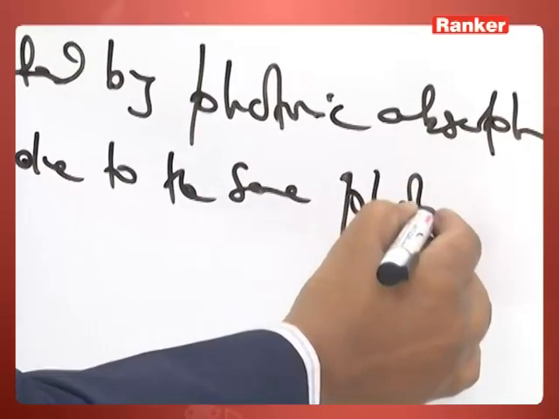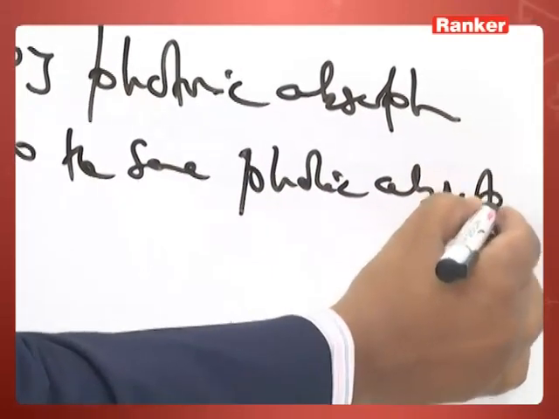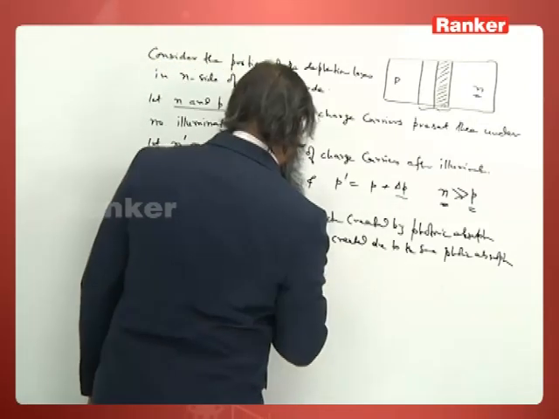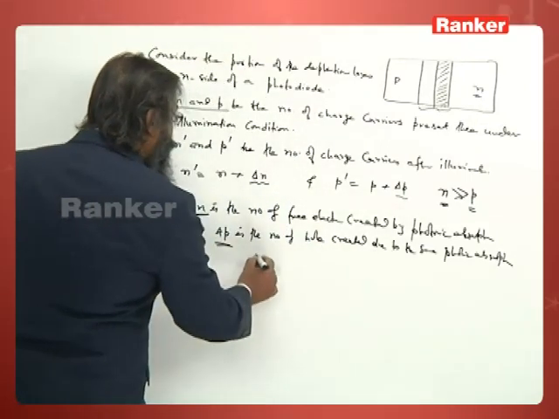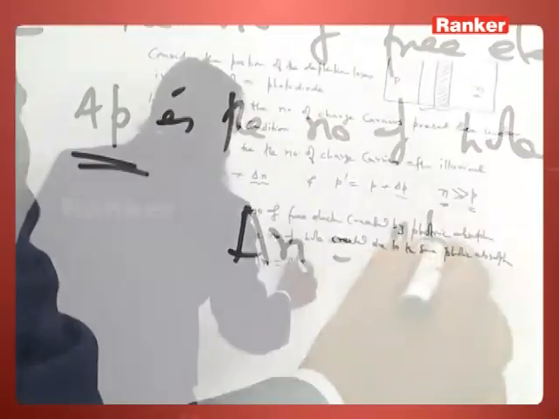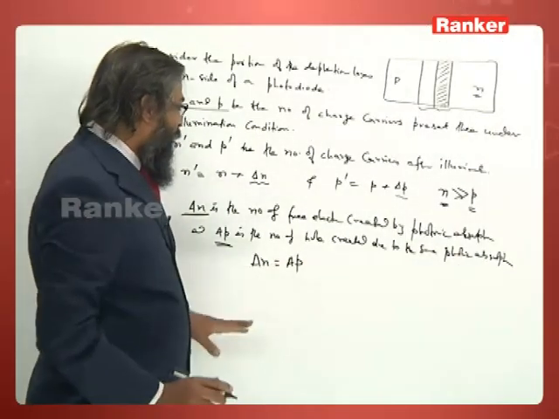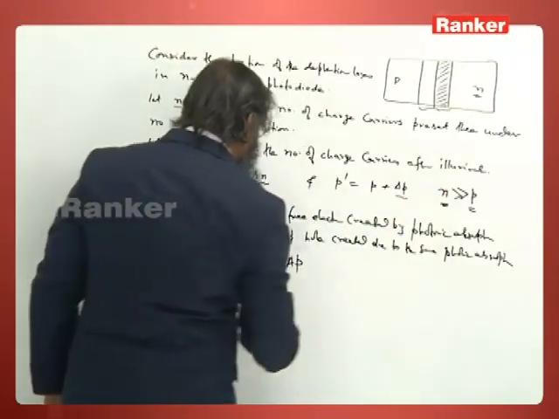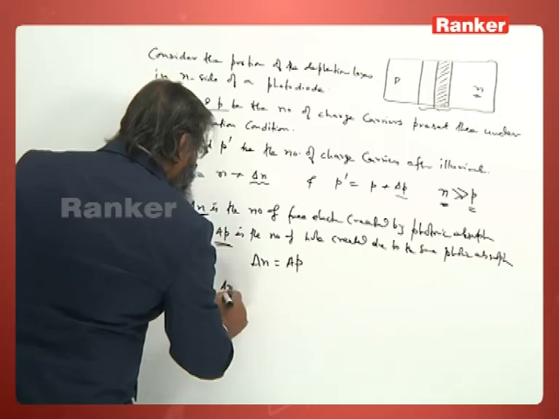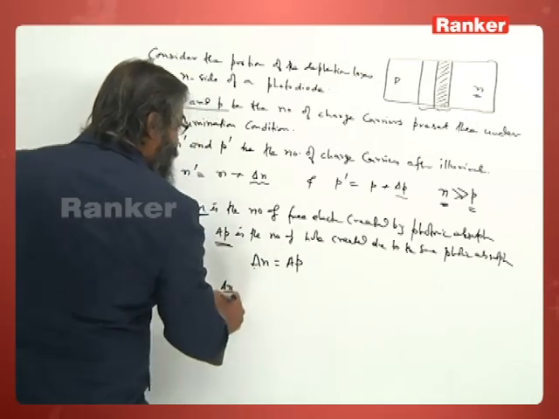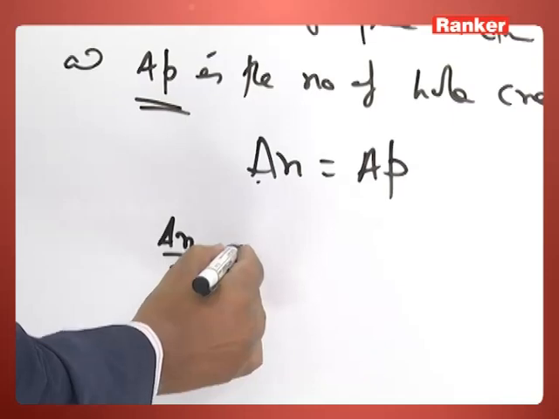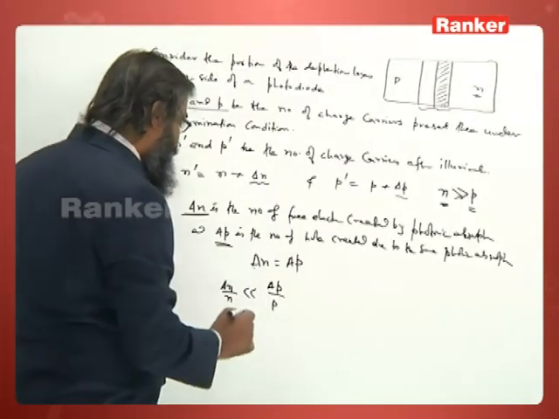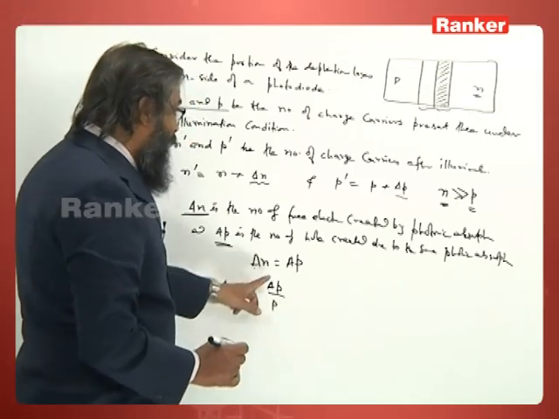So whenever a photonic absorption takes place, an electron hole pair, delta N and delta P, is created. So delta N is equal to delta P. These two are the same, but N is very large. So delta N by N will be very small compared to delta P by P. Thus this quantity is very large.